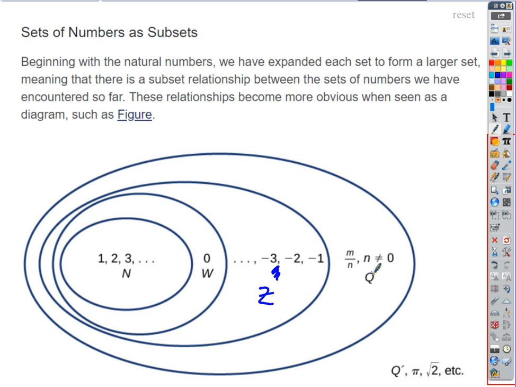Rational numbers are not a subset of irrational numbers. An integer like -3 is included in the set of rational numbers. It's a subset. So -3 is an integer and also a rational number. But something like 1/2, that's a rational number, not included in irrational numbers. Irrational numbers are those numbers that cannot be written as fractions. So they're mutually exclusive. They're totally separate. They do not overlap, right?